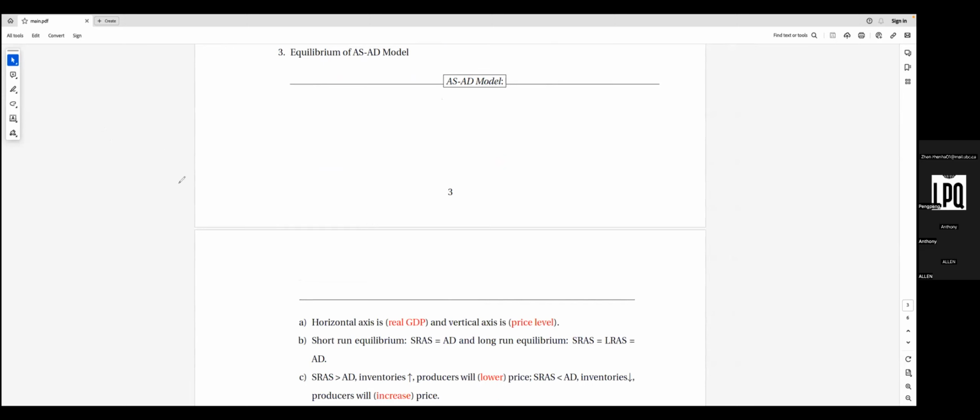So in this page, let's try to draw the graph here: the supply curve and the demand curve. It's just like the supply curve and demand curve we did for microeconomics, but listen up, this is very important. The major difference between the AS-AD model and the supply and demand model you did in microeconomics is that in microeconomics, we are studying a particular market.